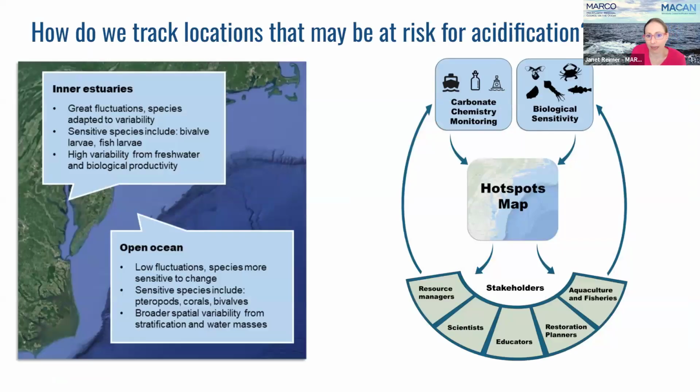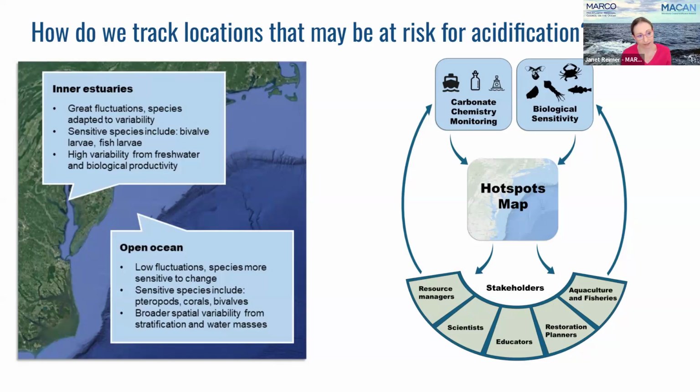So if we want to think about how do we track the locations that could be at risk for acidification? And when we say acidification, it could either be in the open ocean, that long-term slow decline, or in the coastal zone and inner estuaries, large fluctuations that could be just these acidic events.